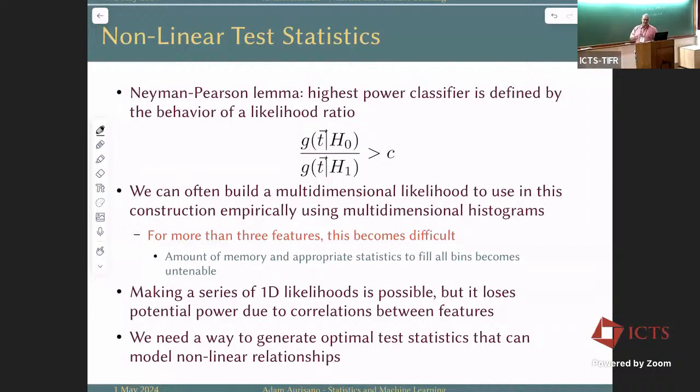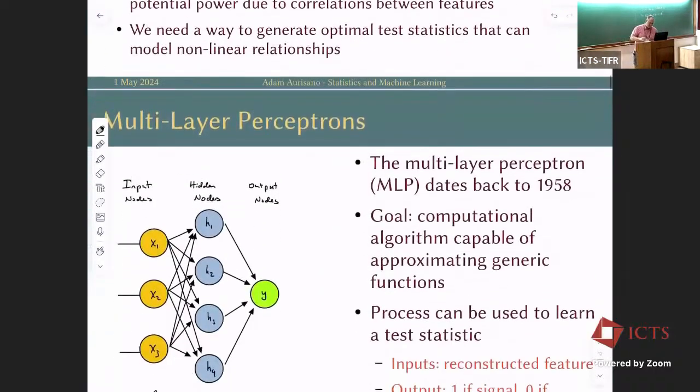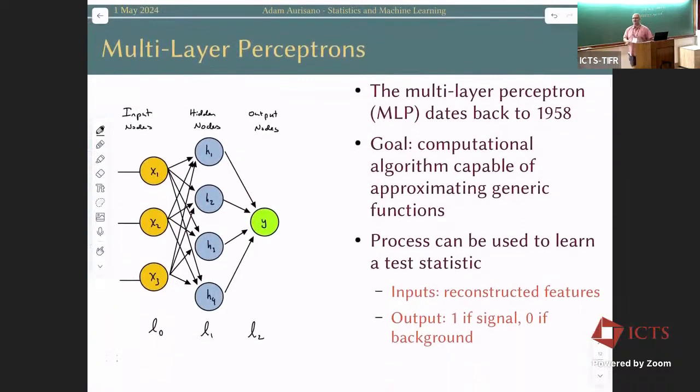So you need a way to generate an optimal test statistic that can model nonlinear relationships. And this fundamentally is the reason why people invented a lot of machine learning techniques. So the artificial neural network, whose name is the multi-layer perceptron, is one of the first things people came up with. This dates back to 1958.